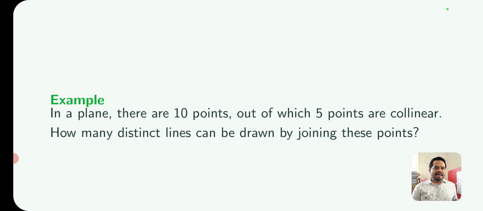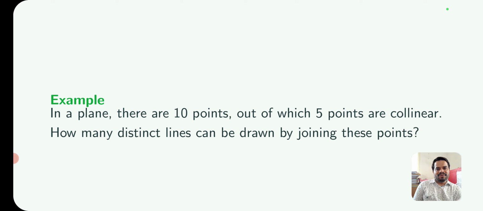So here, how to write the answer for this one? First, all of you, what is meant by collinear points? There are 5 points that are collinear, it is given. The collinear points are those points which lie on a straight line, or on a single line.